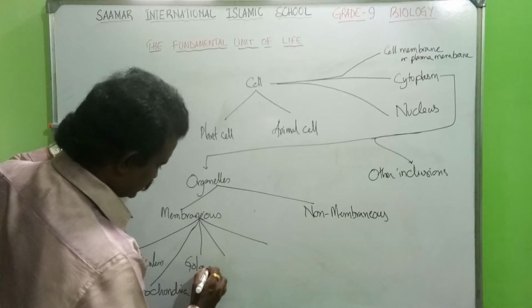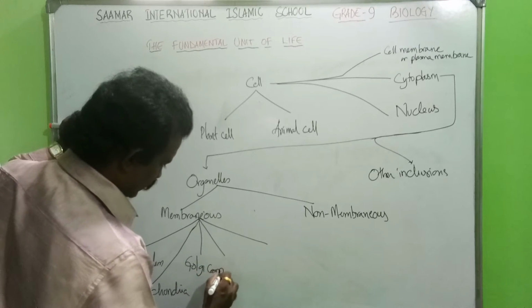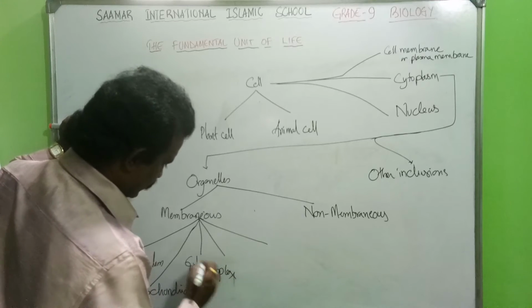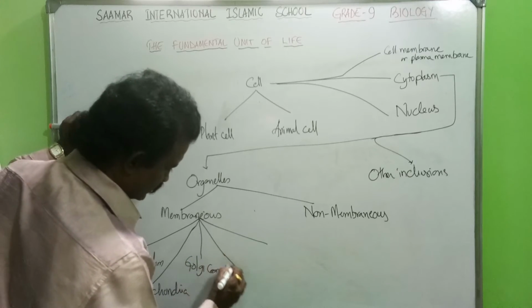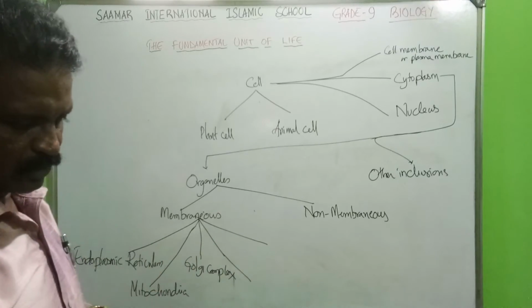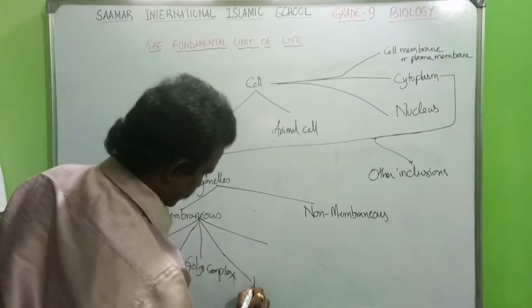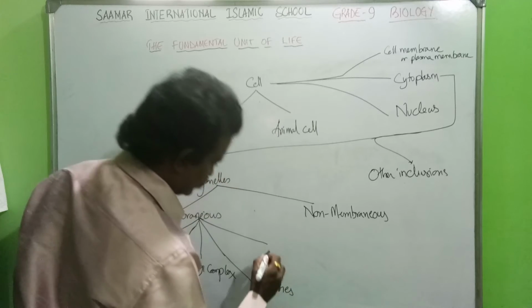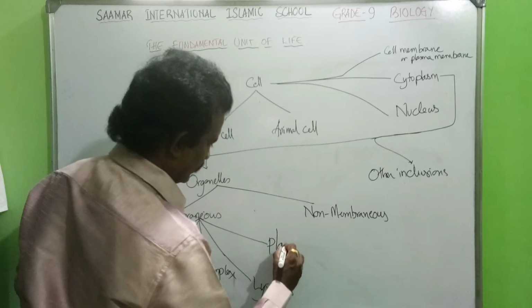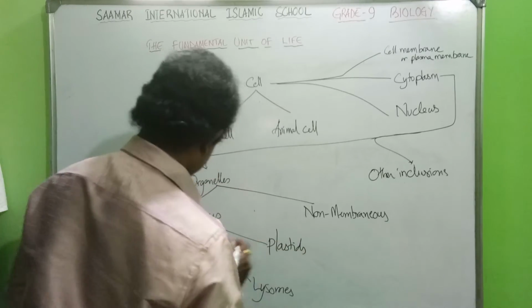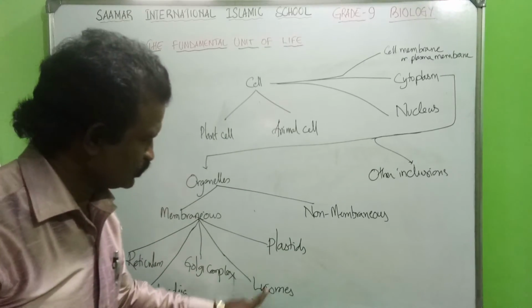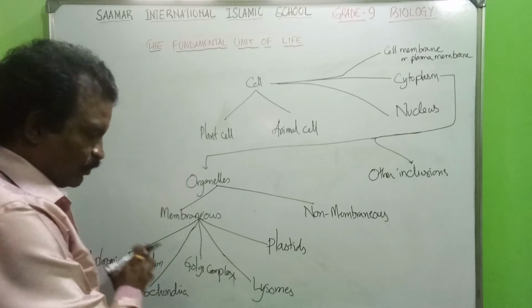Okay. Next, lysosomes. Next is plastids. Is it clear? See? Endoplasmic reticulum, mitochondria, Golgi complex, lysosomes, plastids. So we will study one by one.